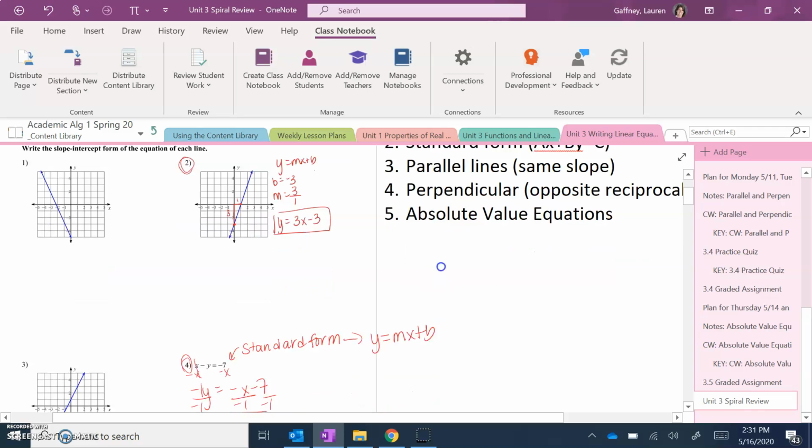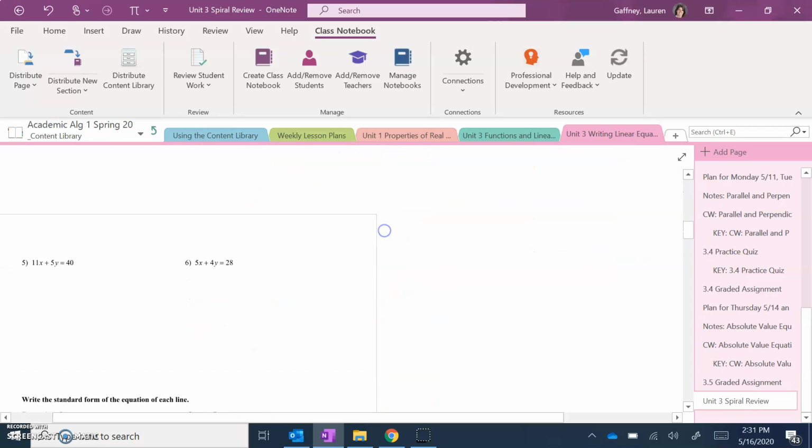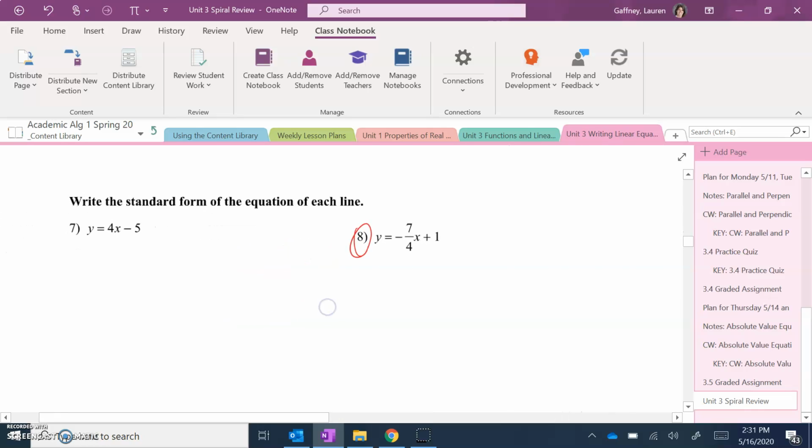So that's going from standard form to slope-intercept form. Now, this is what I was going to talk about. Let's go from slope-intercept form to standard form. We have to get x and y on the same side. So first let's add over this 7/4 x. This is an x, this is a y, so those don't combine. So I have 7/4 x plus y equals 1.